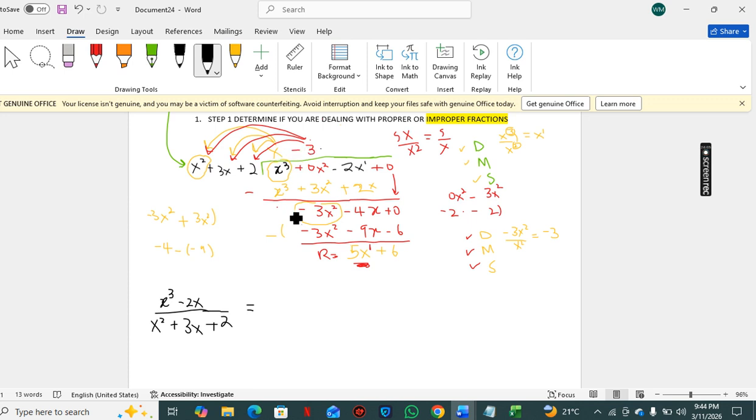Okay, so you get your quotient, x minus 3, plus, okay, your remainder, 5x plus 6, over, so the remainder you're going to put it over the divisor here. Always remember the remainder you're going to put it over the divisor. x squared plus 3x plus 2.